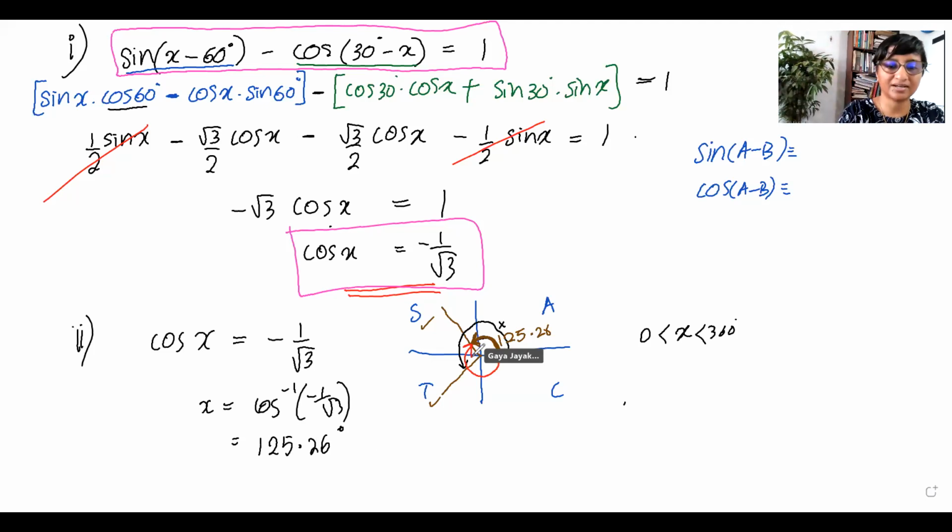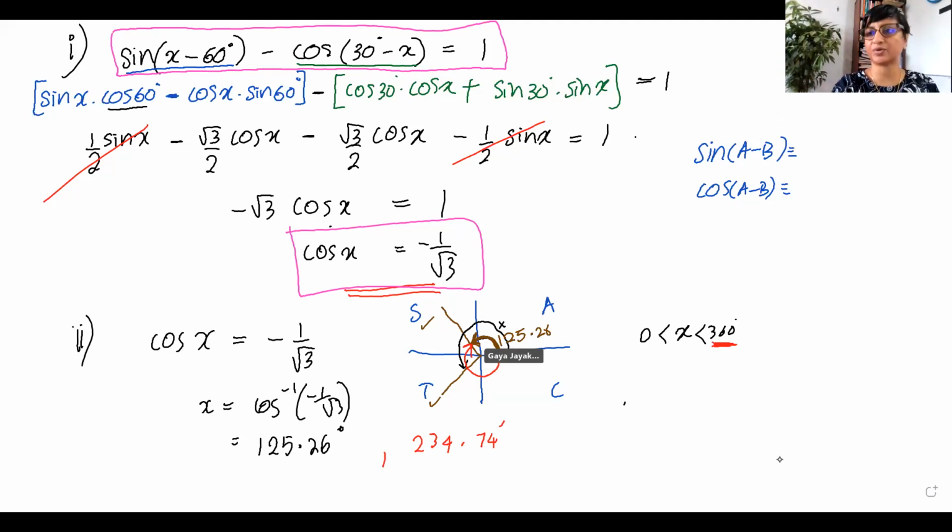So if they wanted me to find solutions in one full circle, the second answer would be 234.74. Good, correct. Clear? Okay, I think those are okay.